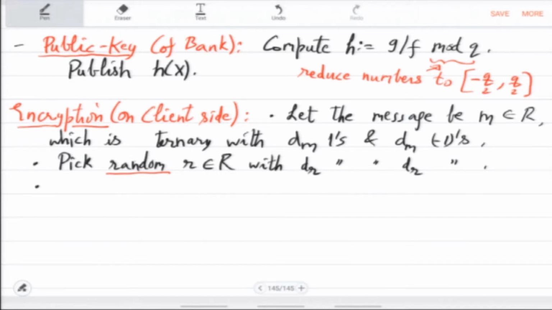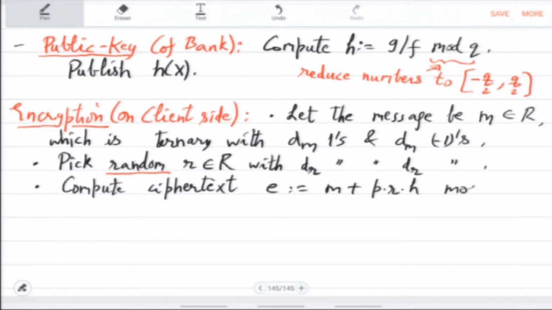The client computes the ciphertext from m, which is basically just adding some garbage to m. The garbage is p times r times h, and go mod q.